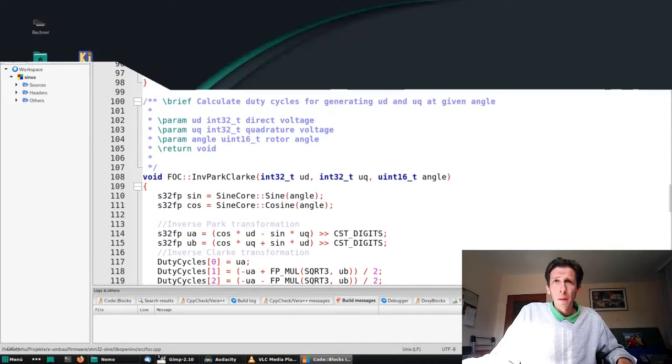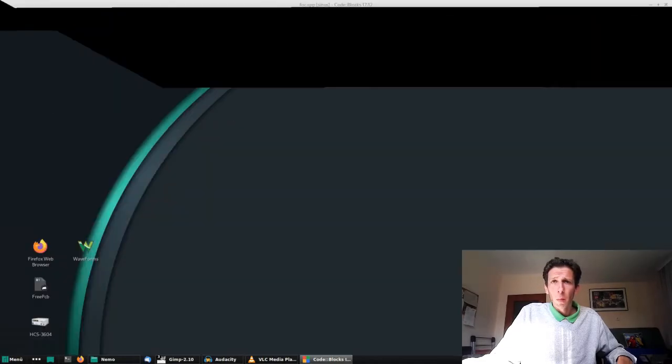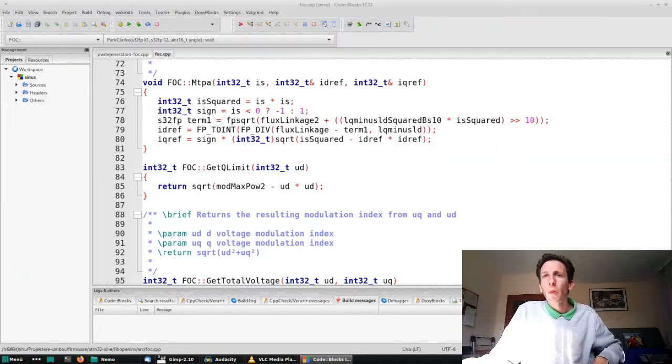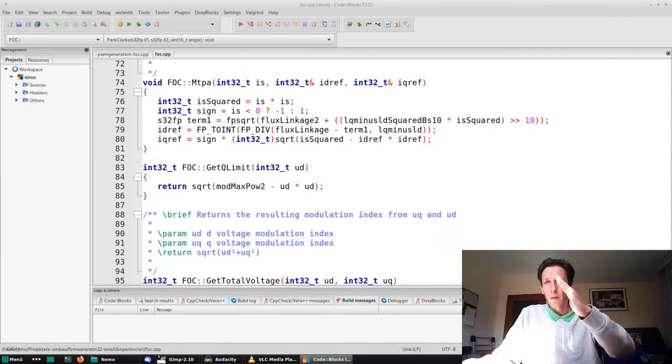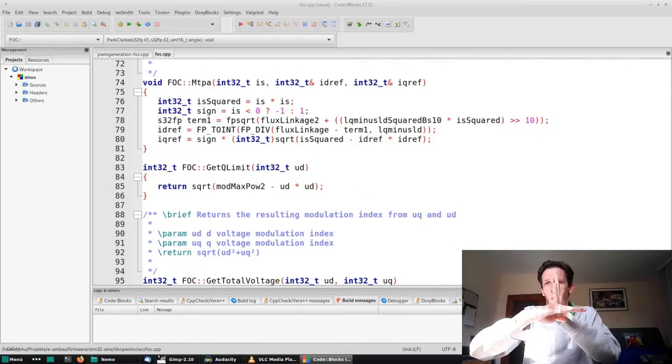Yeah, and maybe the limit function is sort of interesting. So basically what we have here is like a triangular thing. So the total voltage we allow is, for example, 40,000 digits, and that's this part of a triangle, and we have already used this much for D voltage, and now we need to calculate how much is left for Q voltage.